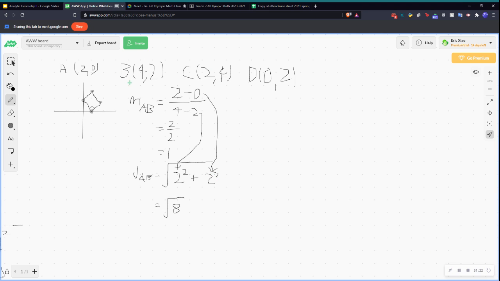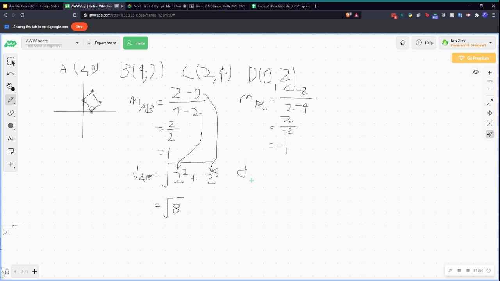Now let's also look at BC. So this is B, this is C. This would be 4 minus 2 over 2 minus 4. So this is 2 over negative 2 this time. Not positive 2, but negative 2. And this would give you negative 1. There you go.